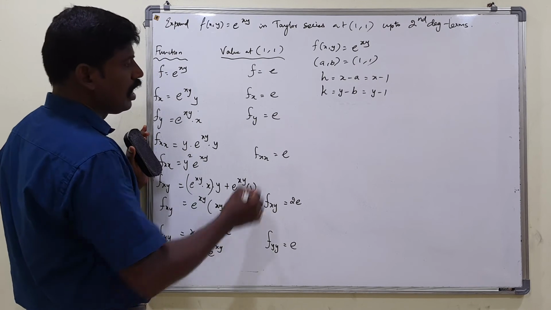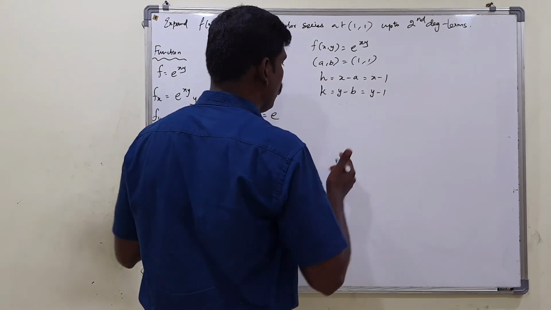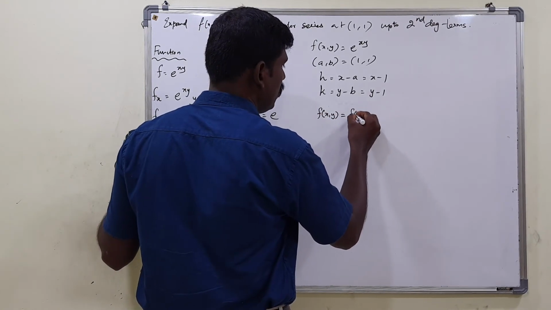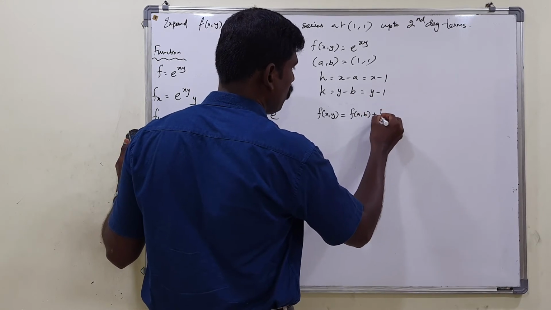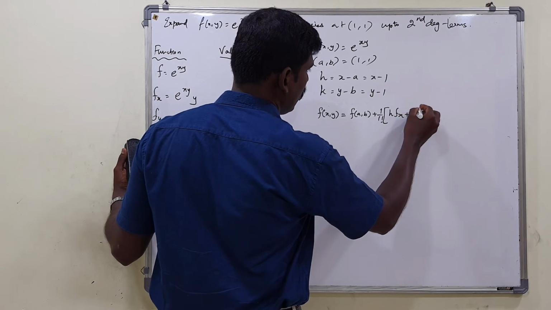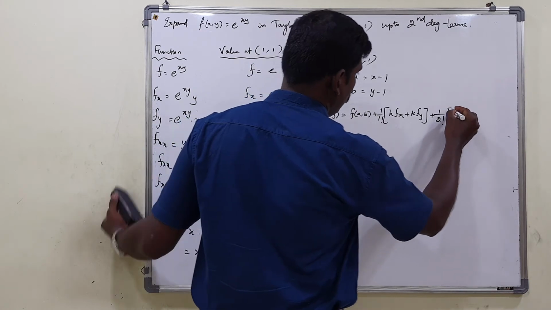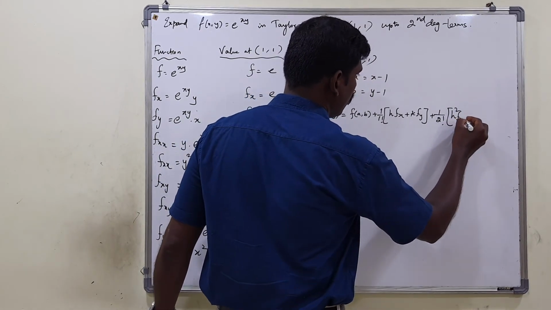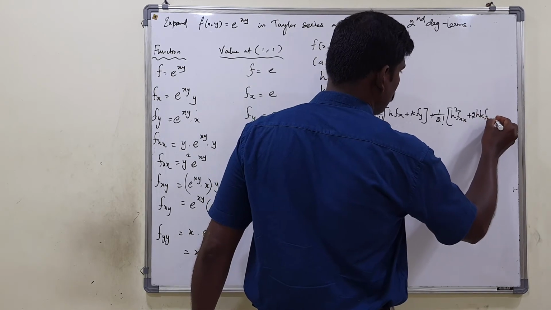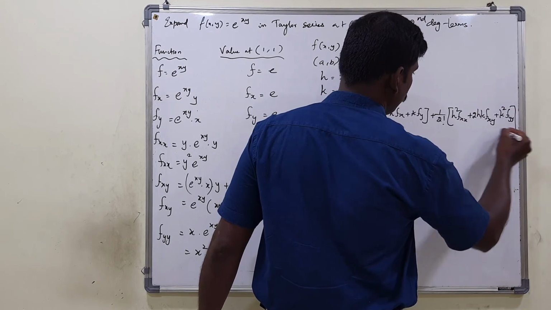That's all. So after finding all these values, go for substituting in the Taylor series expansion. What is the formula for the Taylor series expansion up to second order, isn't it? f of a comma b plus 1 by 1 factorial into (h into fx plus k into fy) plus 1 by 2 factorial into (h square into f double x plus 2hk into fxy plus k square into f double y).